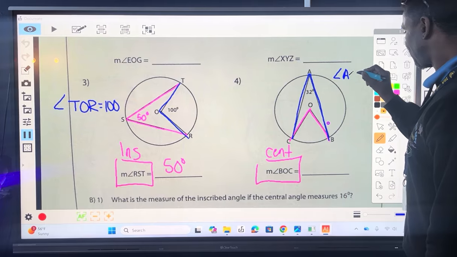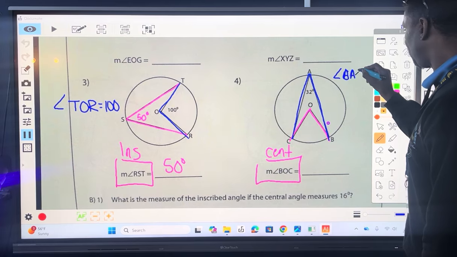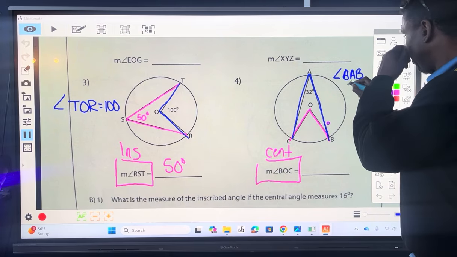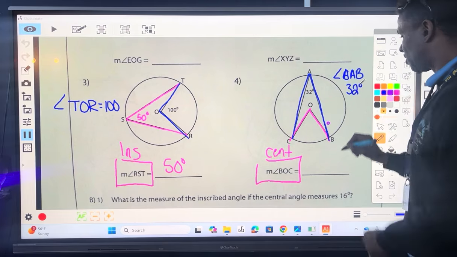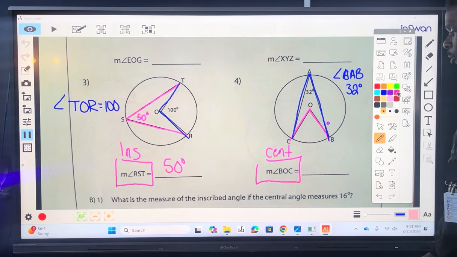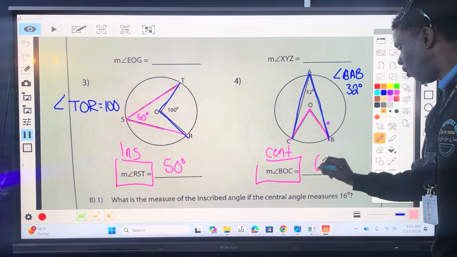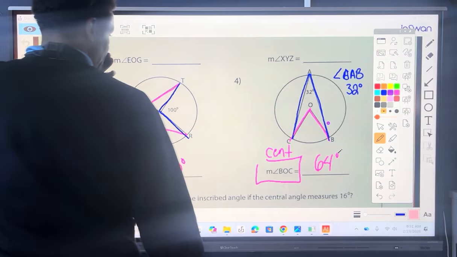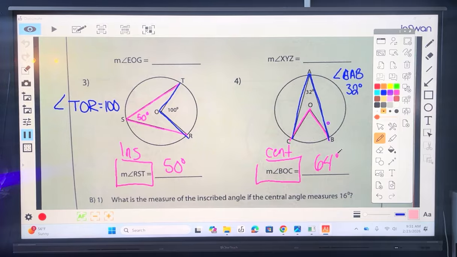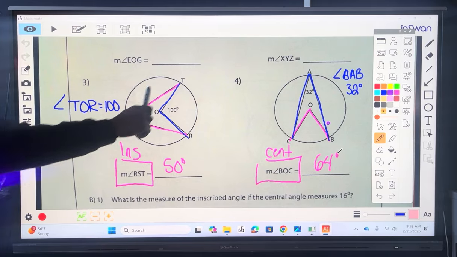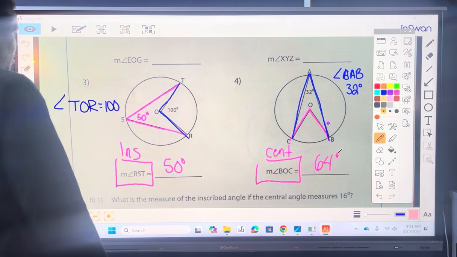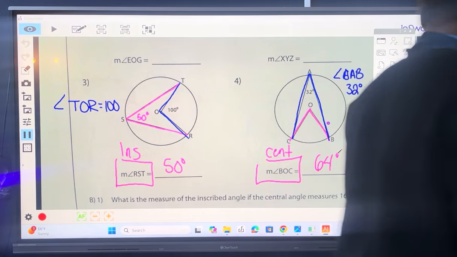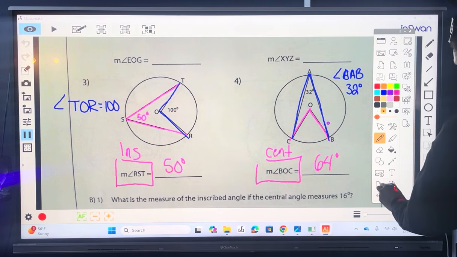CAB we said is 32. So what should your central be? 64. Way not to be tricked. Good, Batista. Because now BOC was the center angle. So BOC is your double. Center angle is double the inscribed.